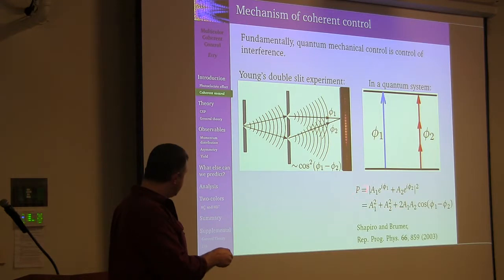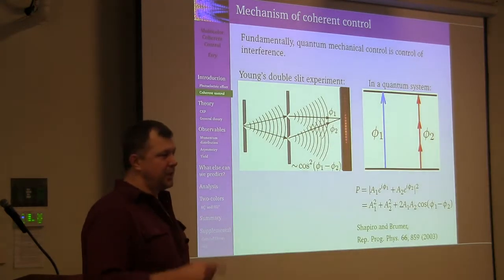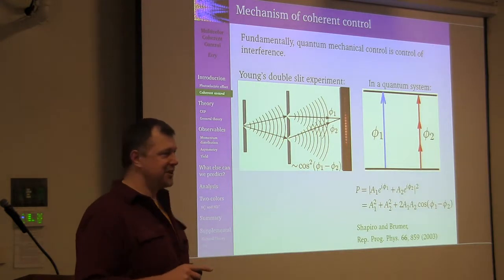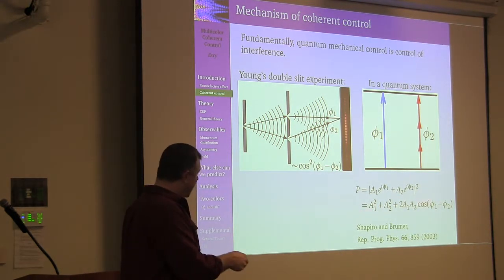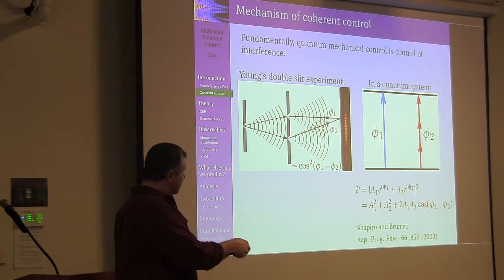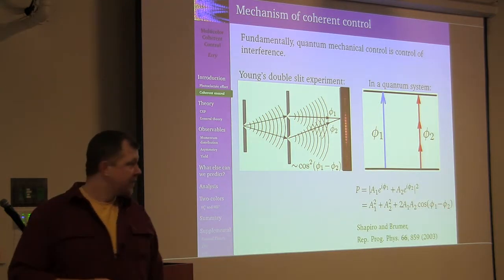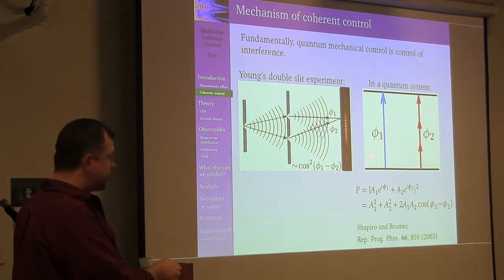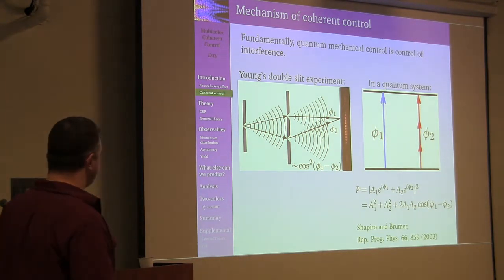So probabilities are what you can measure. So maybe I won't give my answer yet, I'll leave Paul's question intact, but to give you guys maybe a little bit more of a hint, what you can measure are probabilities, so it looks like that. Okay? And if that's something like a wave function, what can you measure from there? Okay? But we're going to use this a lot because this is interference. That's fundamental quantum mechanics, that's coherent control.